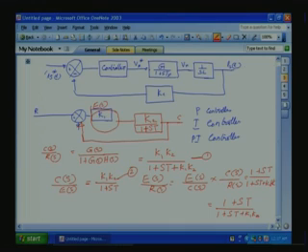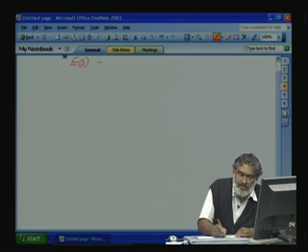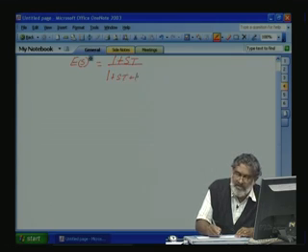So, for an input of R(s), the error E(s) is equal to 1 plus ST divided by 1 plus ST plus K1 K2, into R(s).